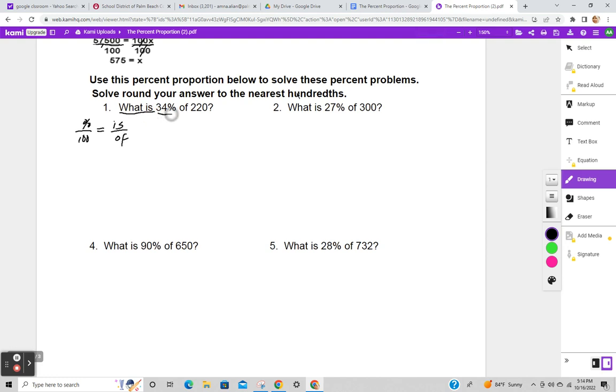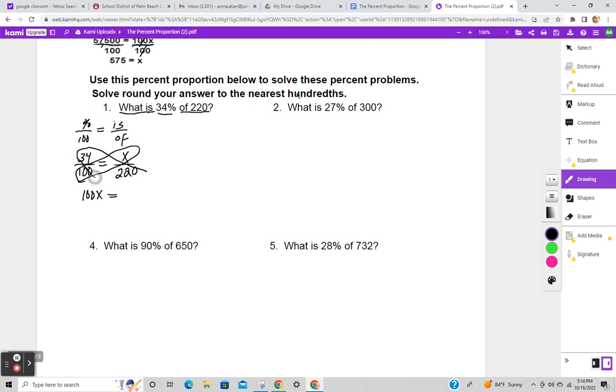We have our percent, so we'll put that down, 34 over 100. We have the number that goes with of, which goes down here. So we're missing this value here. We'll let that be x. And now we're going to go ahead and take the cross product. 100 times x is 100x.